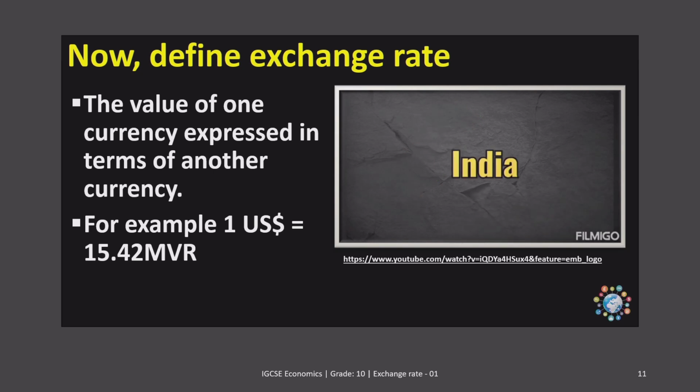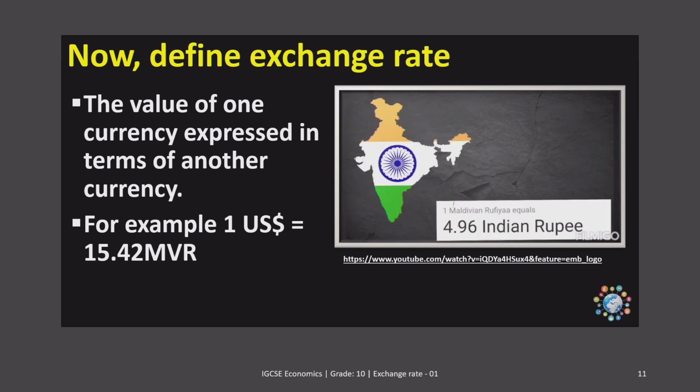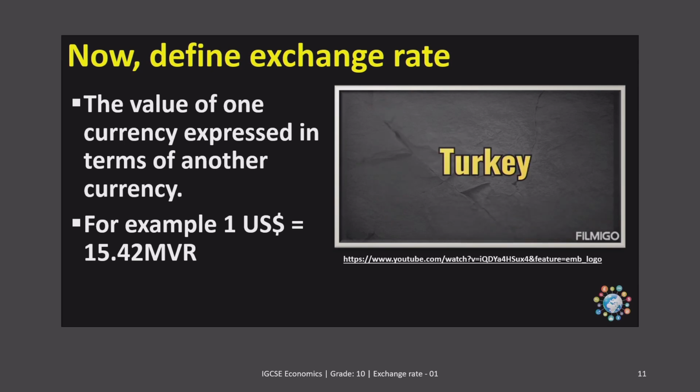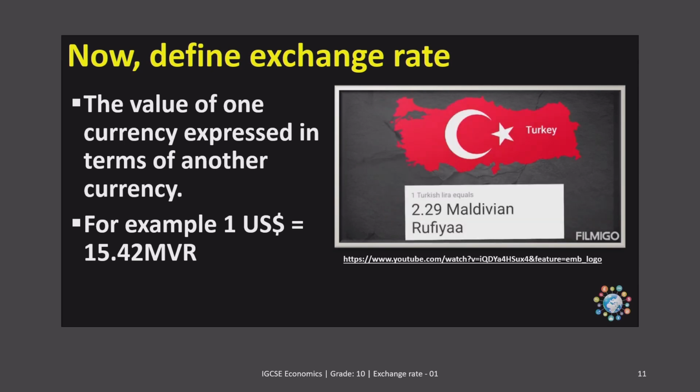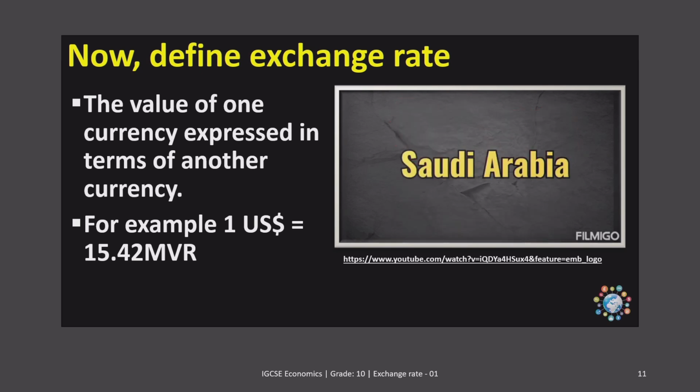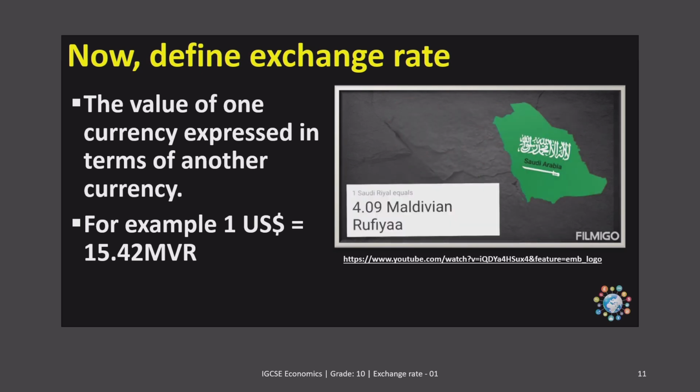In India, 1 Maldivian rupiah equals 4.96 Indian rupees. Turkey, 1 Turkish lira is equal to 2.29 Maldivian rupiah. Saudi Arabia, 1 Saudi riyal equals around 4.09 Maldivian rupiah.